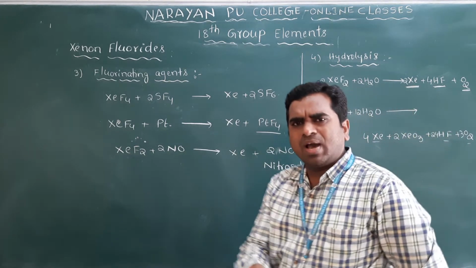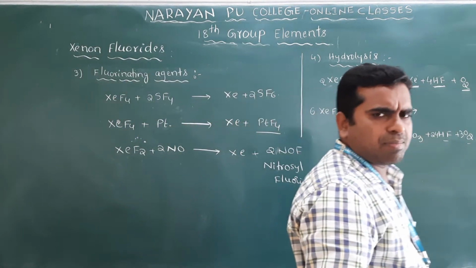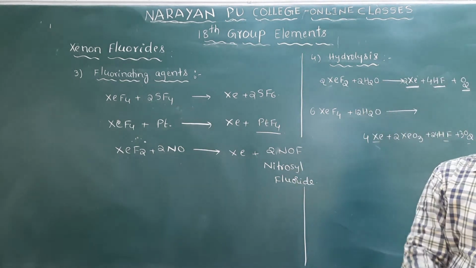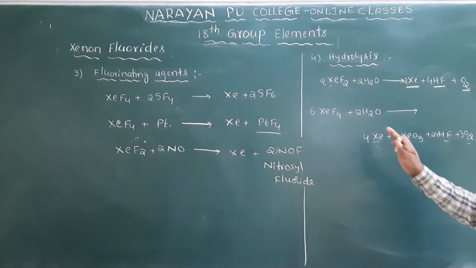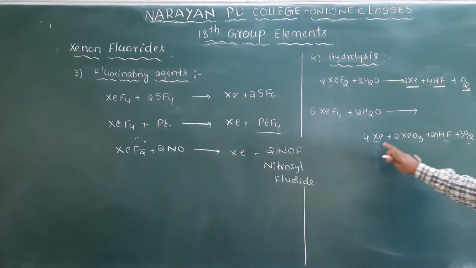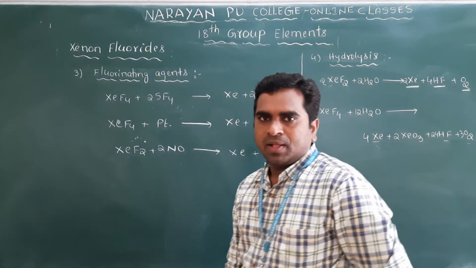You balance that using the oxidation number method. We have discussed it so many times, so again I will not discuss it here. You can try it. Otherwise, simply remember, balancing the equation is not required. What is required is which products you are getting in this reaction. That is the important thing.